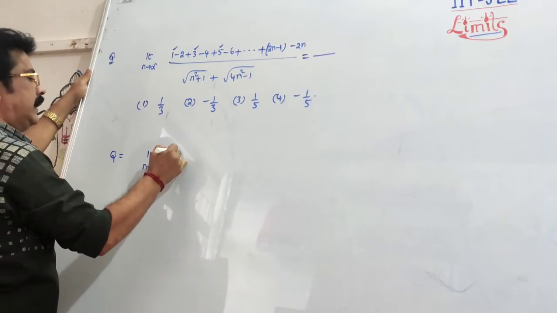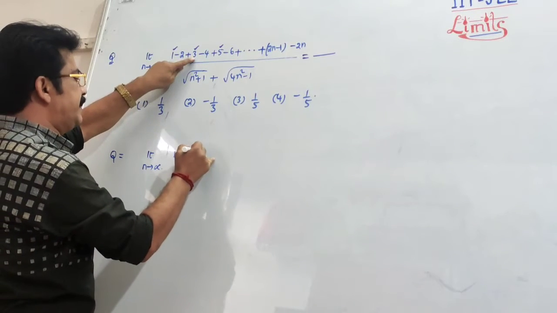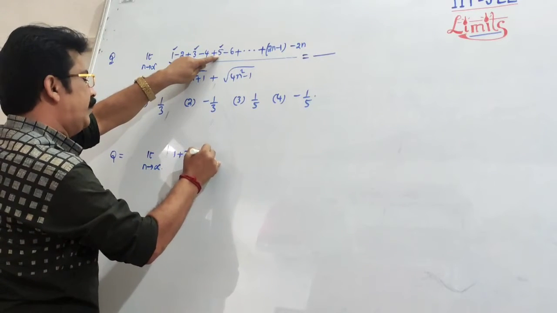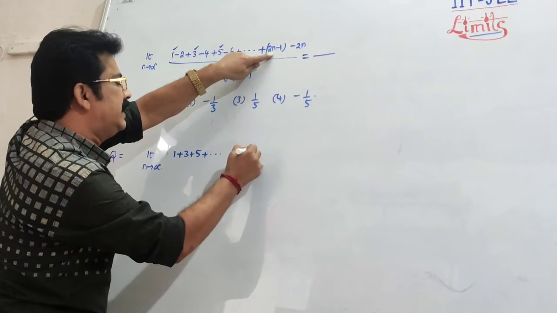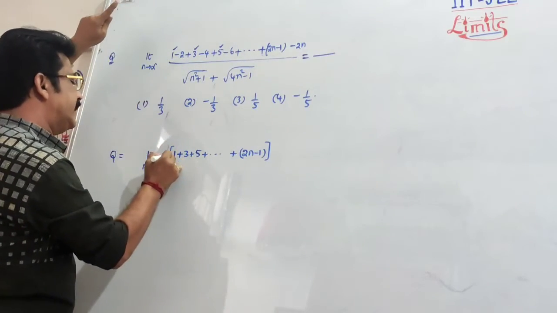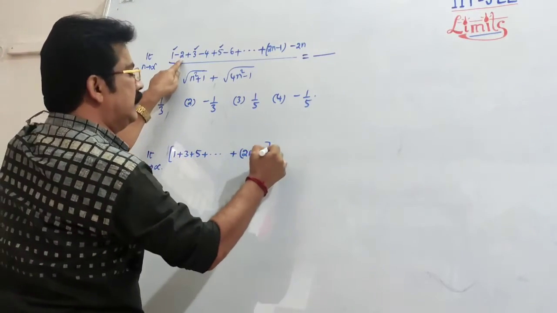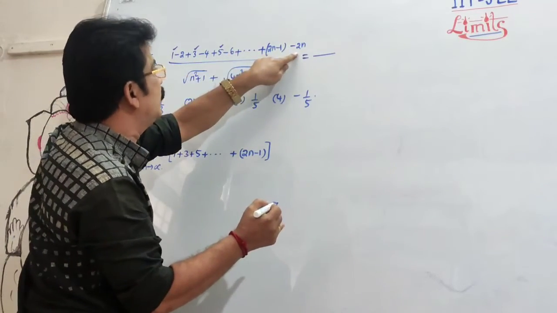So it can be written as 1 plus 3 plus 5 plus and so on up to the last odd number 2n minus 1. Next, minus 2, minus 4, minus 6 and so on minus 2n.